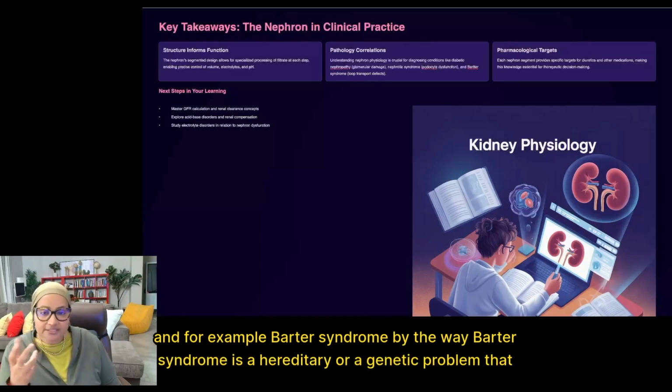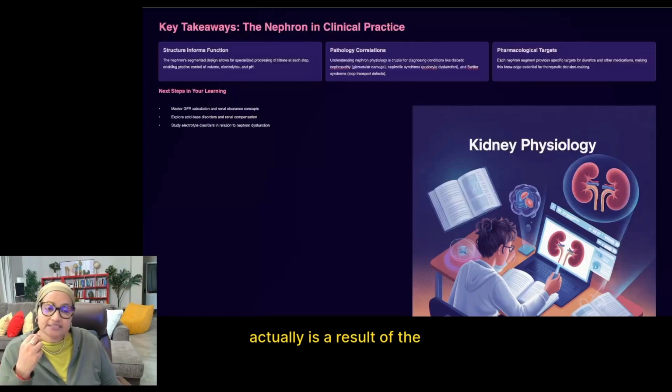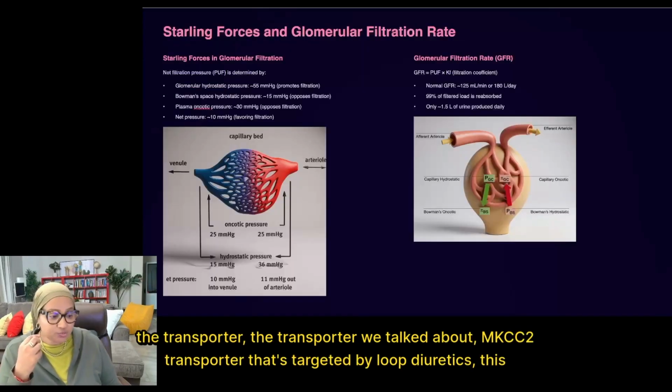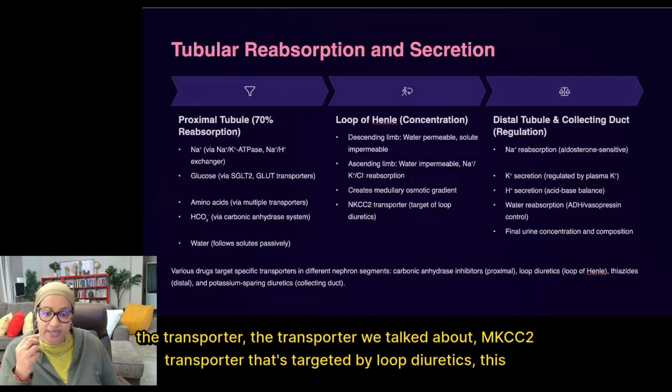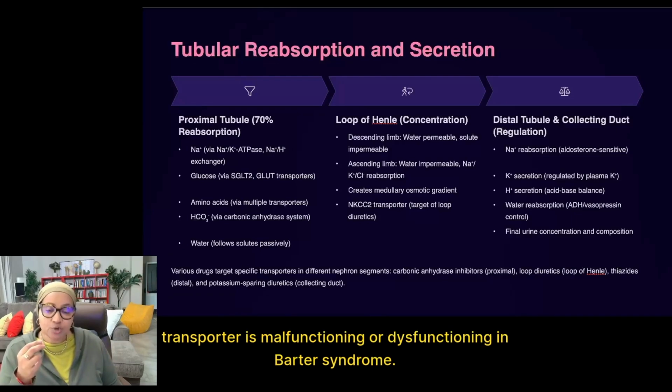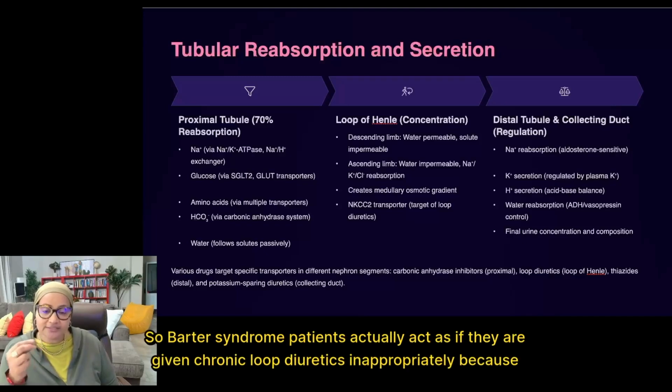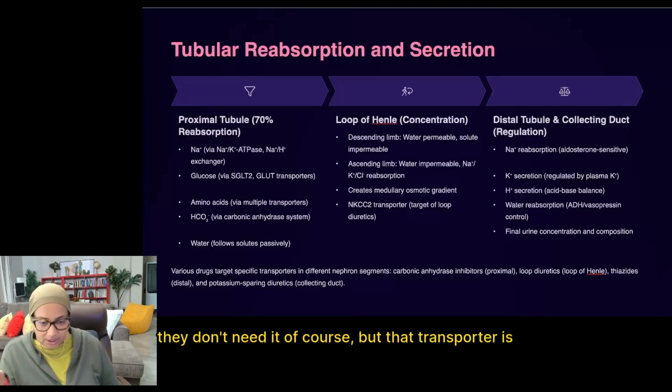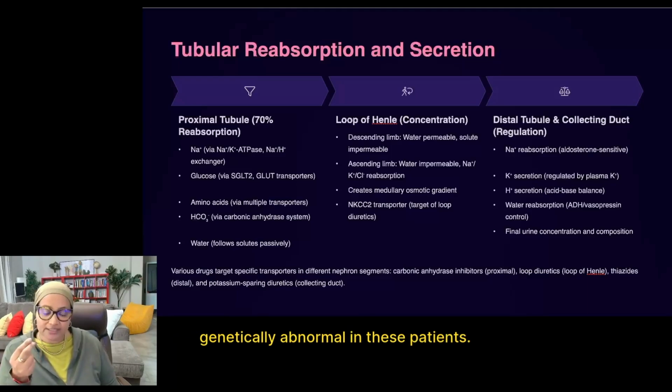And for example, Bartter syndrome. By the way, Bartter syndrome is a hereditary, genetic problem that results from the transporter we talked about, the NKCC2 transporter, that's targeted by loop diuretics. This transporter is malfunctioning in Bartter syndrome. So Bartter syndrome patients act as if they are given chronic loop diuretics inappropriately because they don't need them, of course. But that transporter is genetically abnormal in these patients.